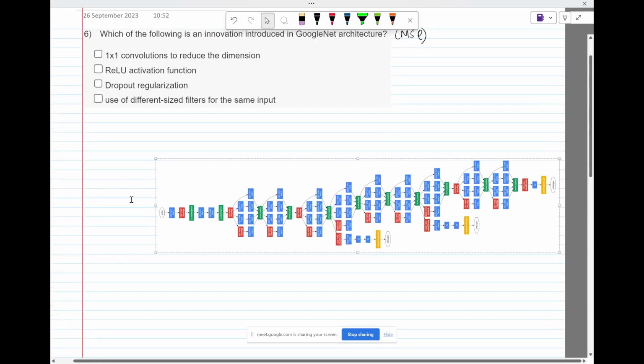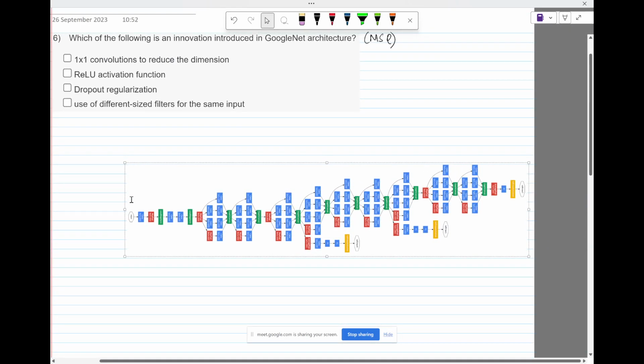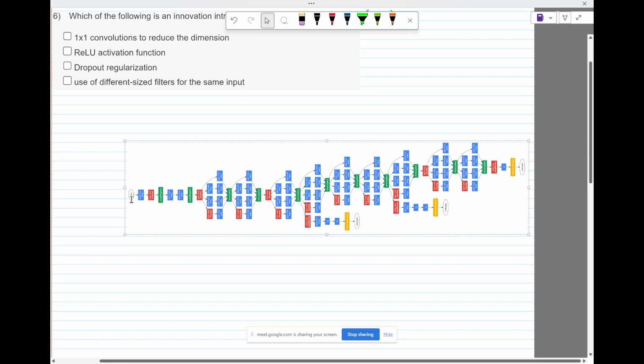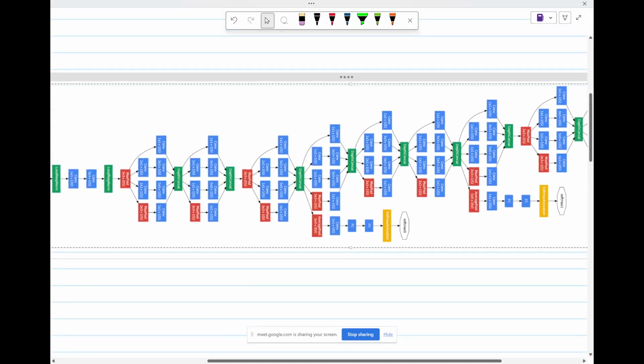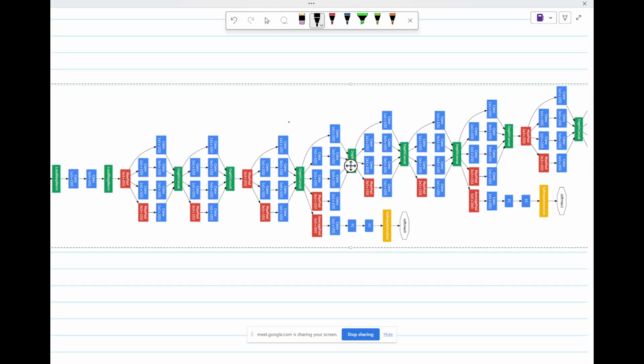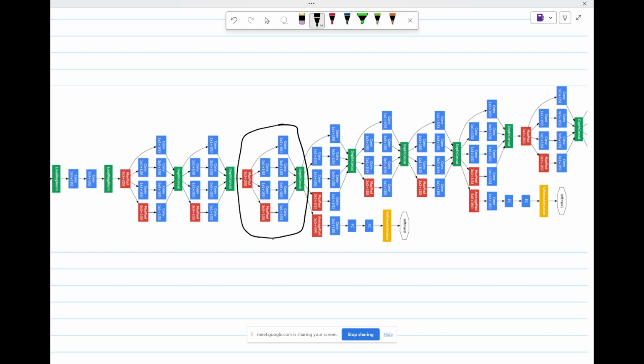If you remember from the lectures, you had these parts. I think you can say this section is called the inception module.